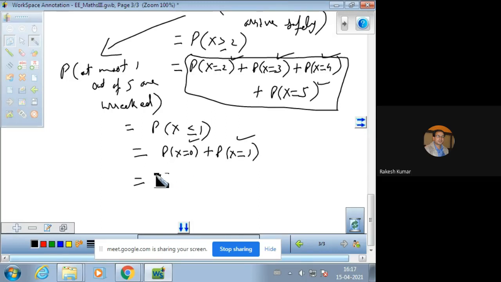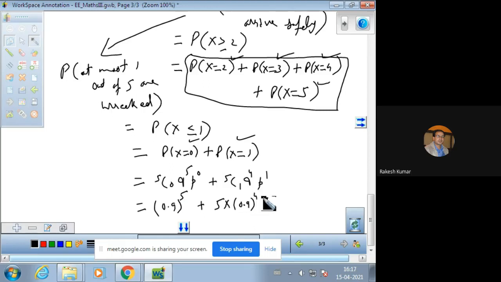So 0 out of 5 means 5C0, that is q raised to power 5 and p raised to power 0, and 5C1, q raised to power 4 and p raised to power 1. 5C0 is 1 and q is 0.9 raised to power 5, plus 5C1 is 5, 0.9 raised to power 4 into 0.1.